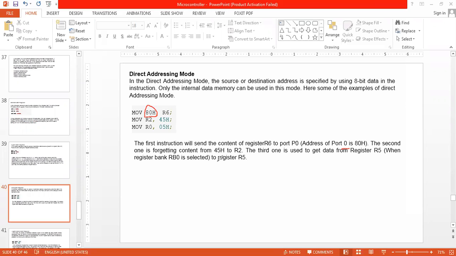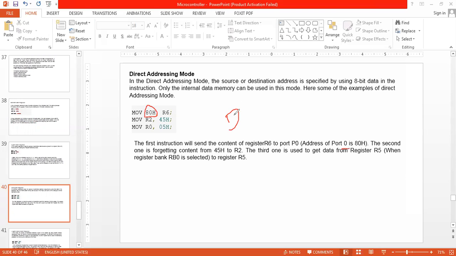Even the external memory can be accessed, but only through the DPTR register, because DPTR always points to the address in the external memory while accessing it, correct?